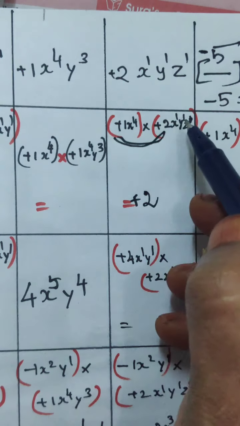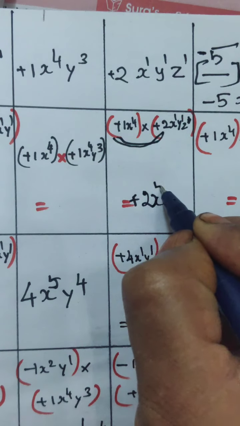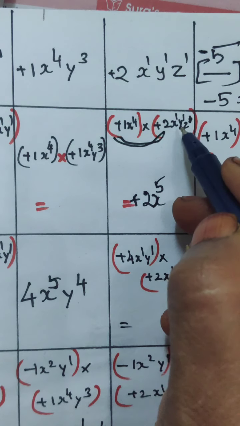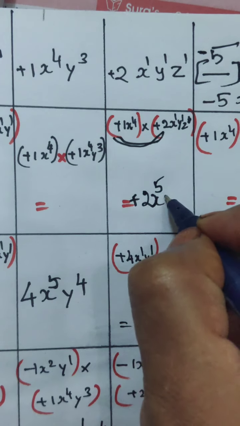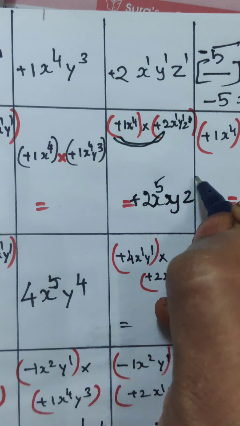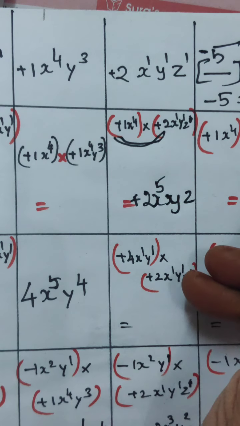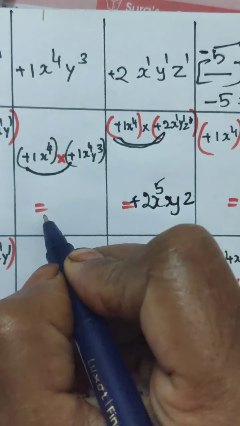Here x power 4, here x power 1. So x power 4 plus 1 is 5. Here we have the y term, here we have the z term. They are not in the other, no problem. You write x, sorry, y, z. Power 1, write it or not, both are correct.